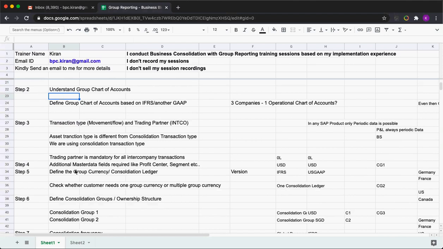How many operational charts of accounts there are and how you are going to map them to the group chart of accounts or financial statement items, you have to discuss, mention the mapping file, and list out the final financial statement items. You can put it in an Excel and add that to the particular blueprint, right? Many times at blueprint time, your financial statement item mapping will not be available.